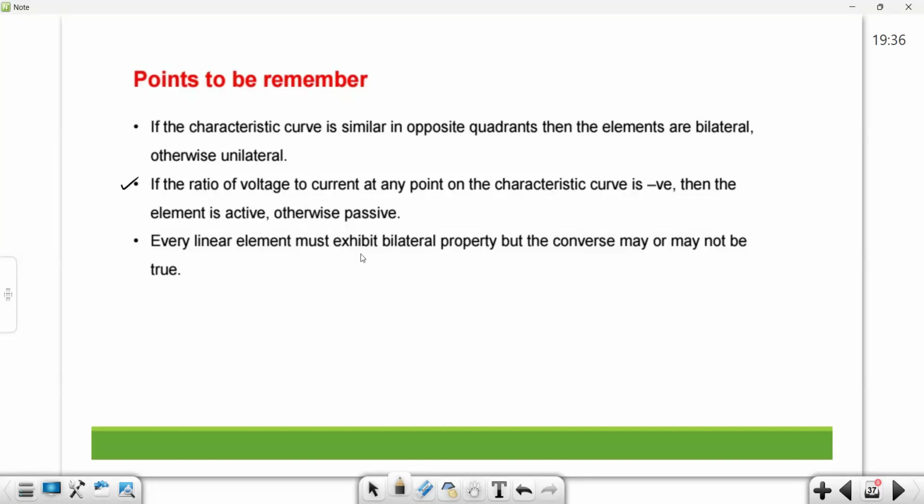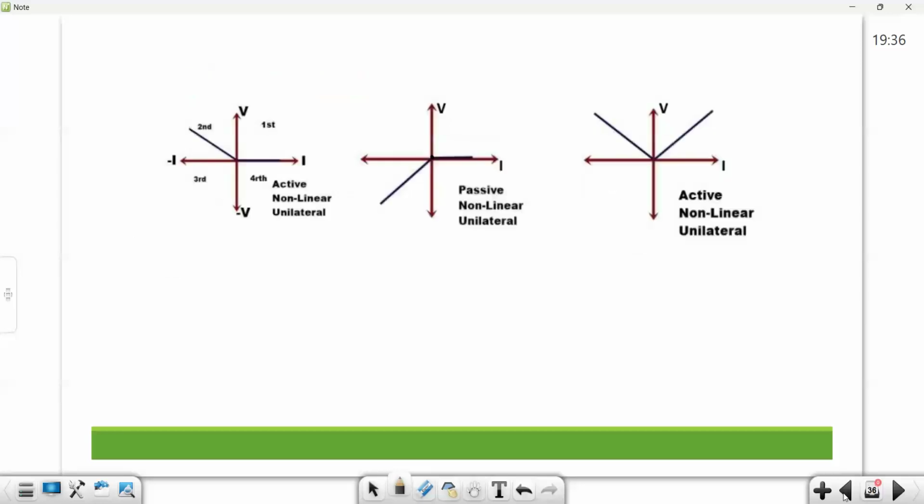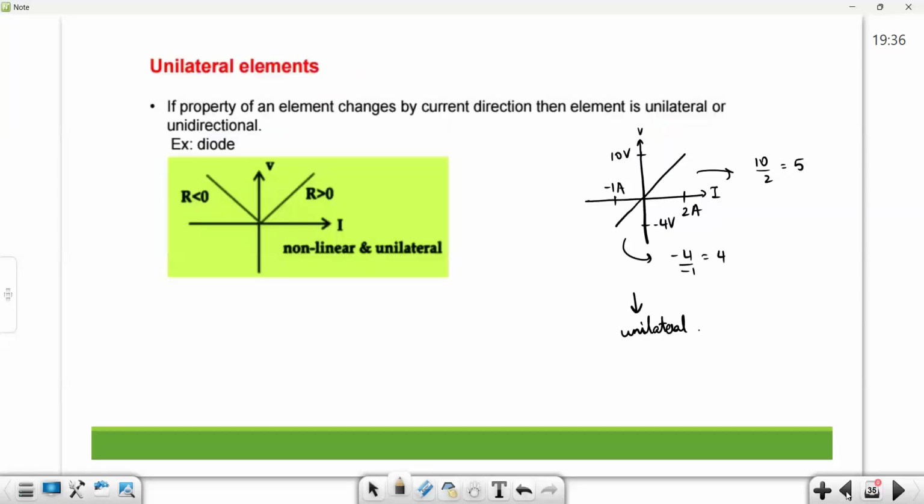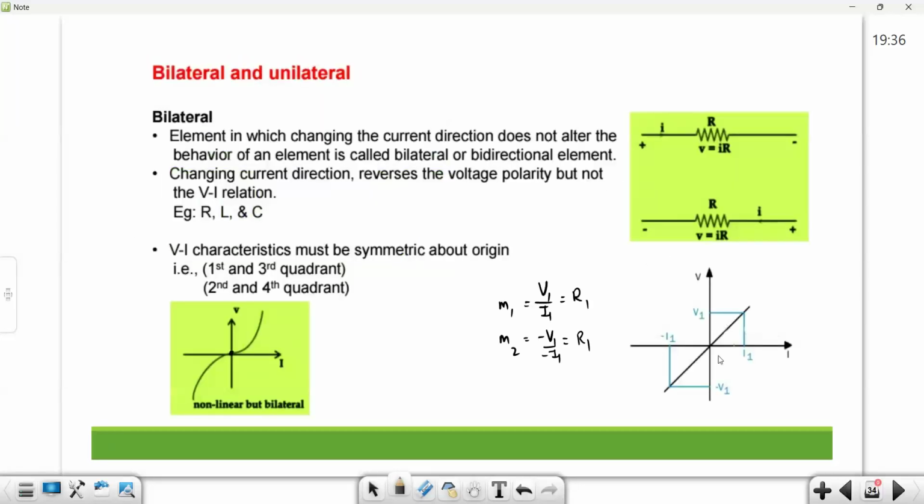Every linear element must exhibit bilateral property, but the converse may or may not be true. That means, as you can see in the last slides, a straight line passing through the origin is always linear. If it is linear, it will be bilateral.